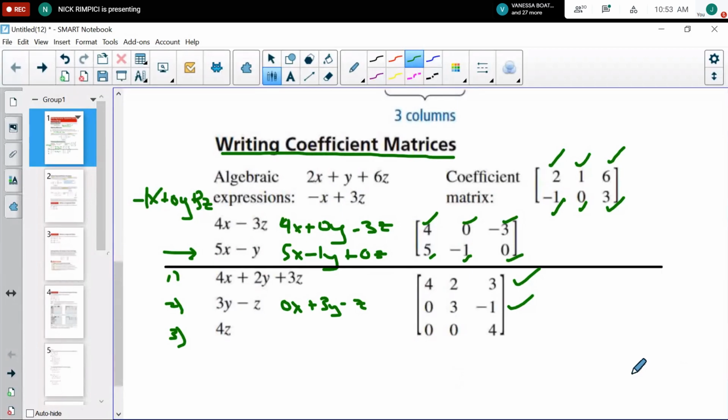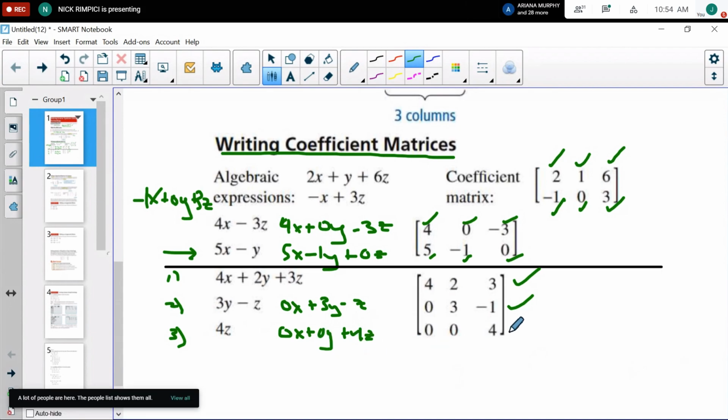What's missing in 3? X and y. So this is really the same as 0x and 0y. It's missing both, and then 4z. So it's 0 for x, 0 for y, and then 4 for z.